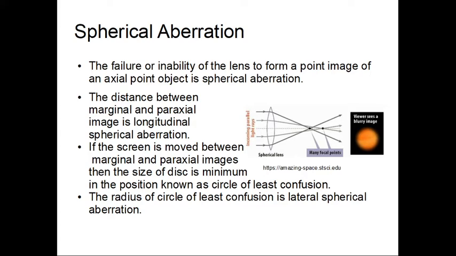If we keep a screen at the paraxial or marginal image and move it between these two images, a disk is formed. We move the screen until the disk has its minimum size, and this is the circle of least confusion. The radius of the circle of least confusion is the lateral spherical aberration.